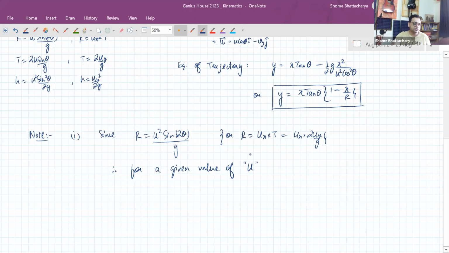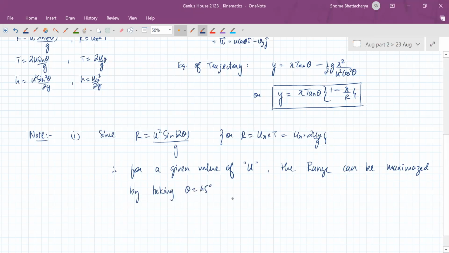Then what angle should we select so that we achieve the maximum range? That is called the maximum range theorem or the maximum range concept. For a given value of u, the range can be maximized by taking the value of theta as how much? 45 degrees, no?